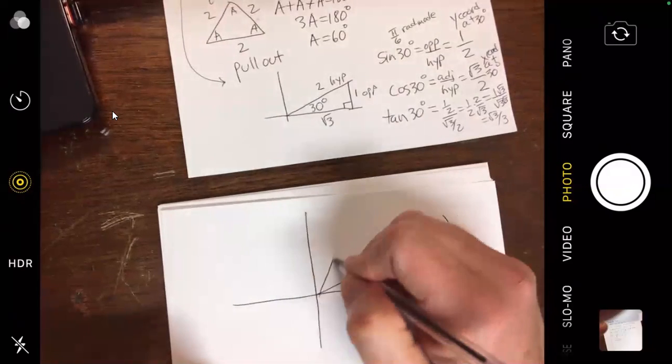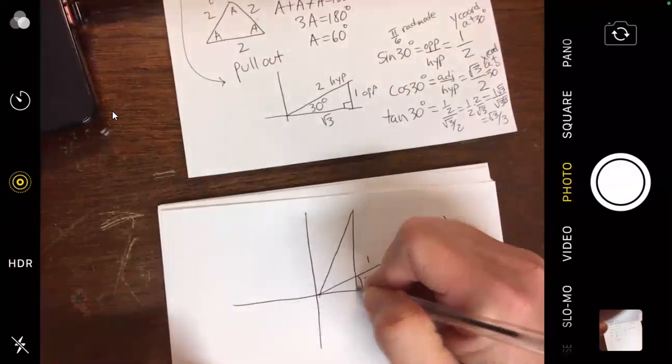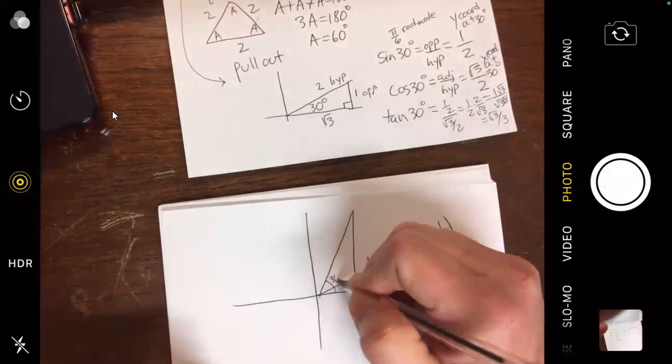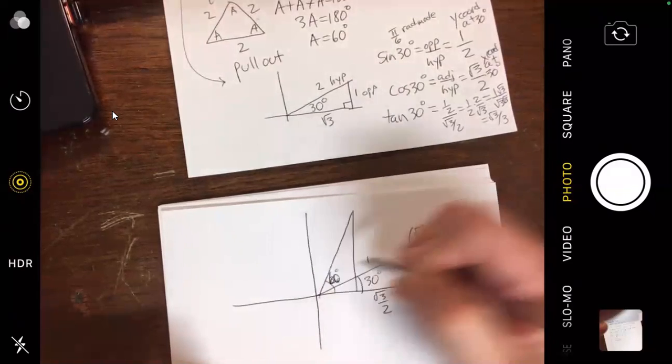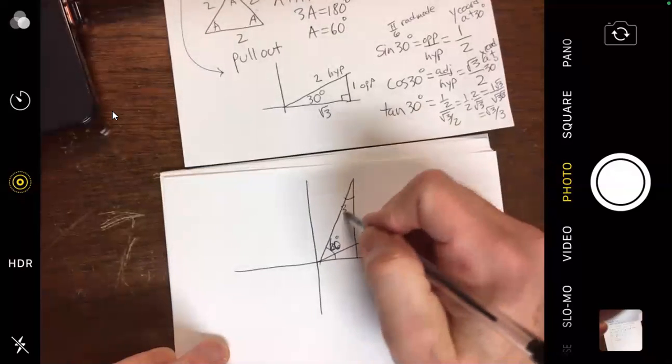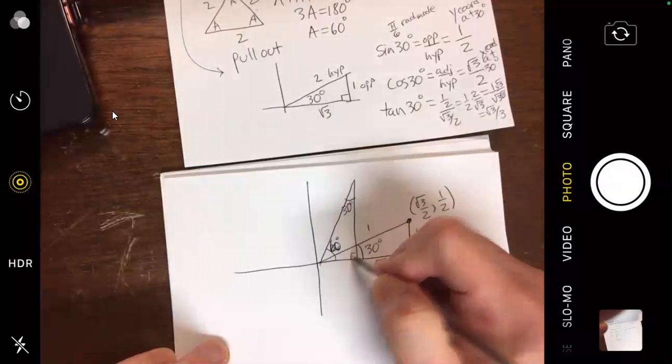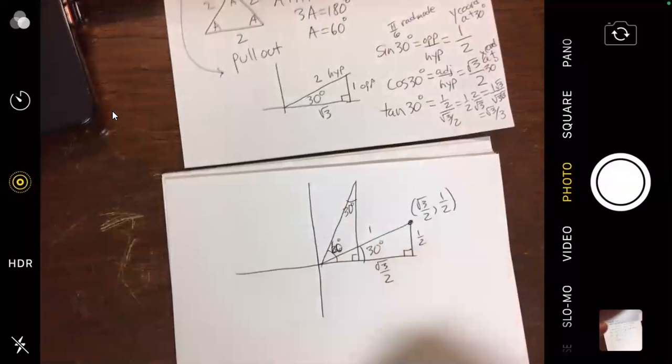If I go up to 60 degrees, 60 degrees there, and 60 degrees there, that puts 30 degrees here. 30 and 60 is 90, and 90 plus 90 is your 180.